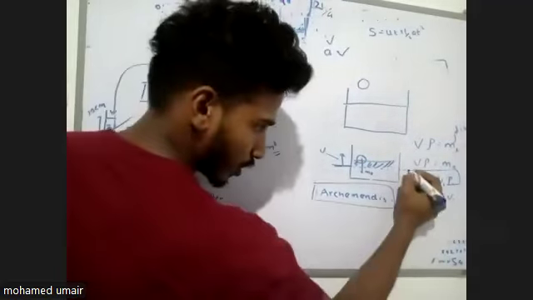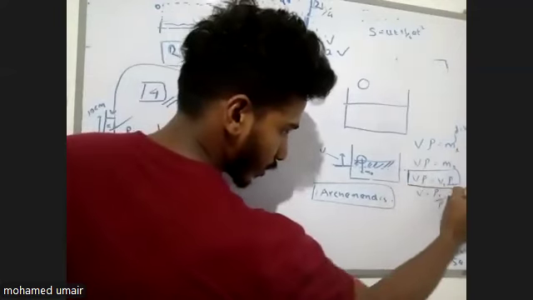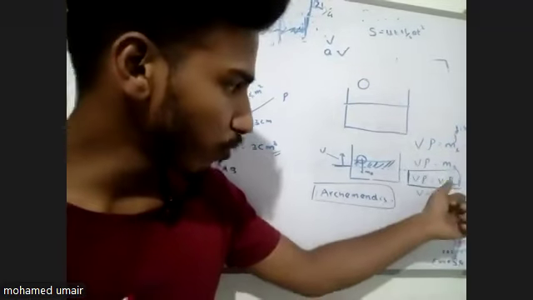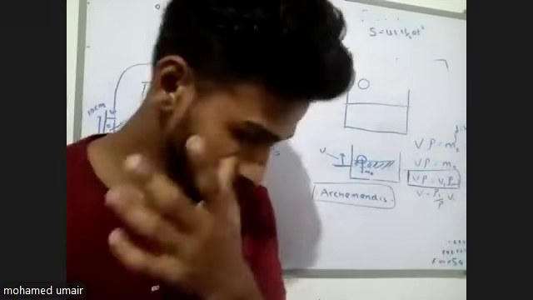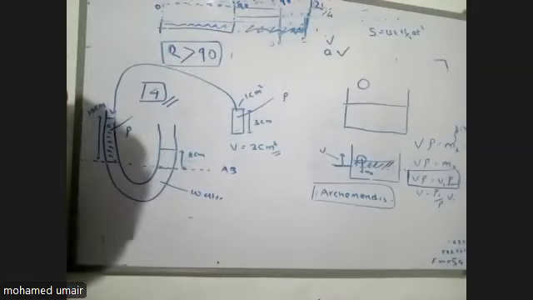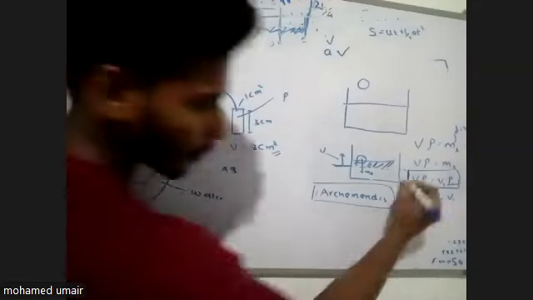So just remember this equation, how to obtain it. V times rho is equal to V1 rho1. So just keep this in mind.